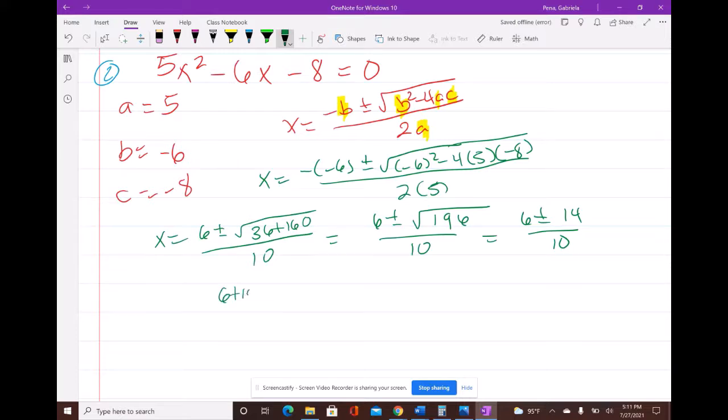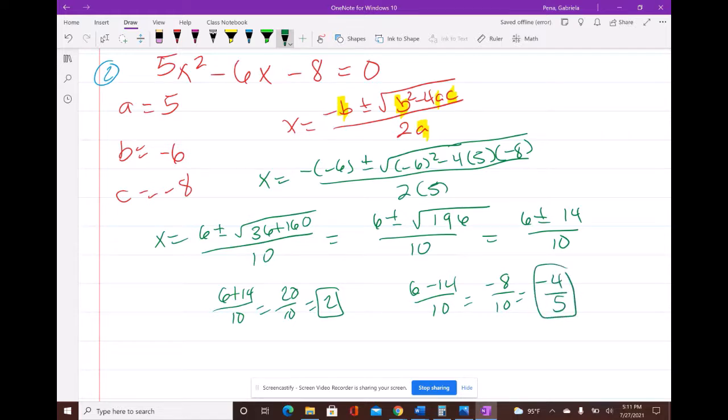So 6 plus 14 over 10, 20 over 10 equals 2. 6 minus 14 over 10, negative 8 over 10, it's a negative 4 over 5. So these here are your solutions to this problem. Make sure you know definitions, the ones that are like rotation, reflection, translation. They're also part of your exam too.